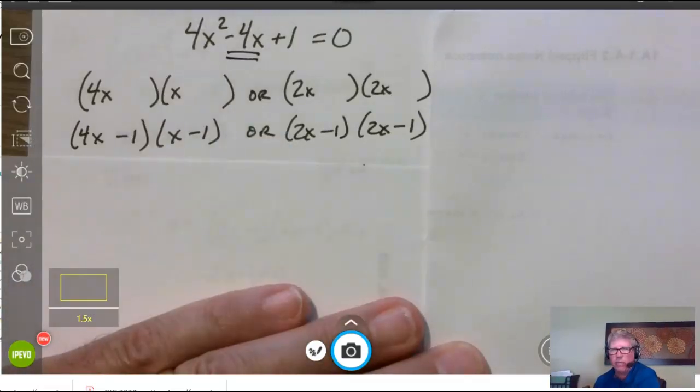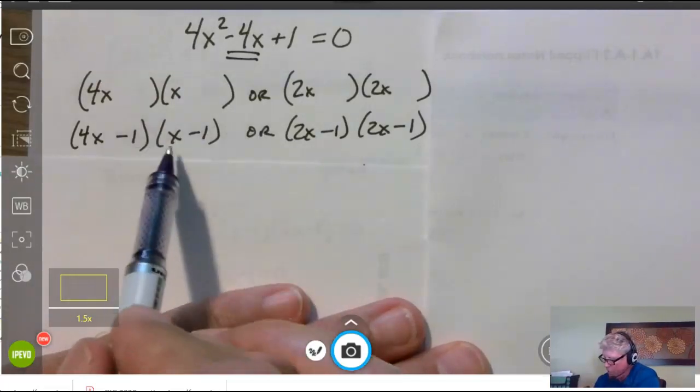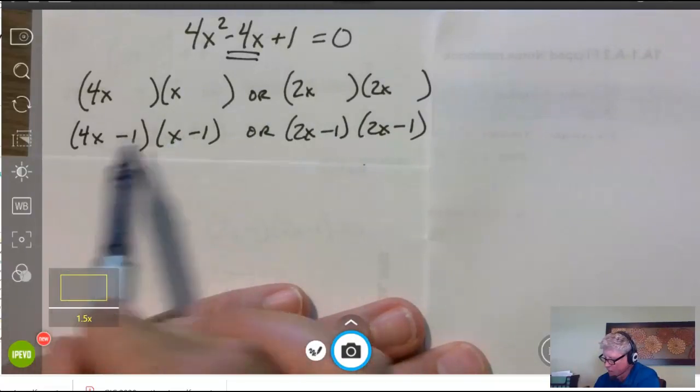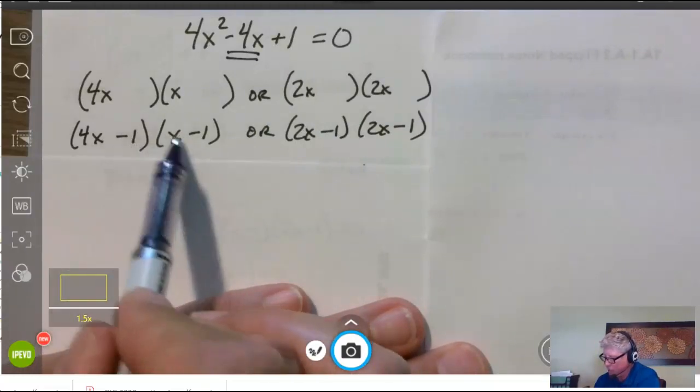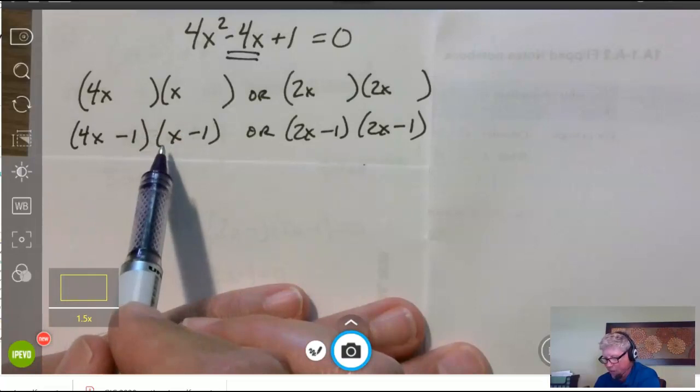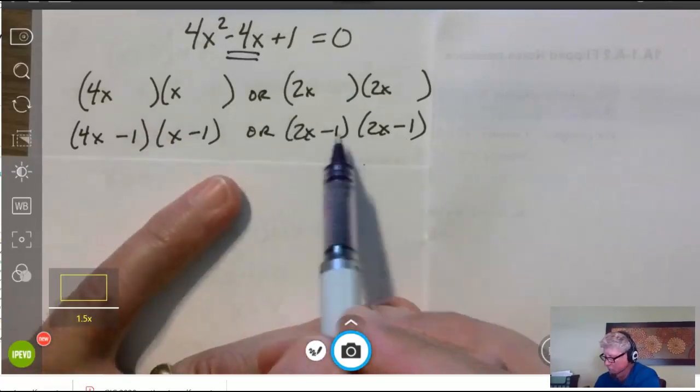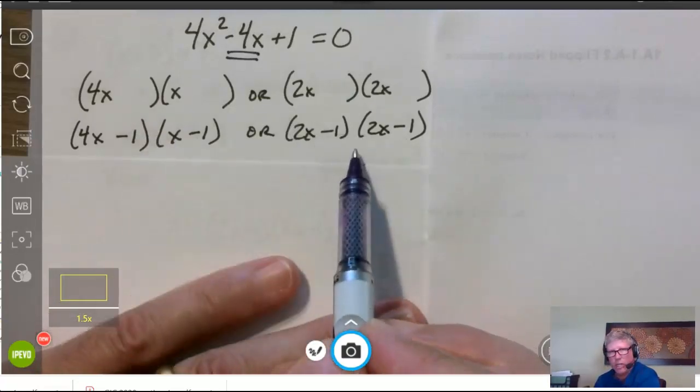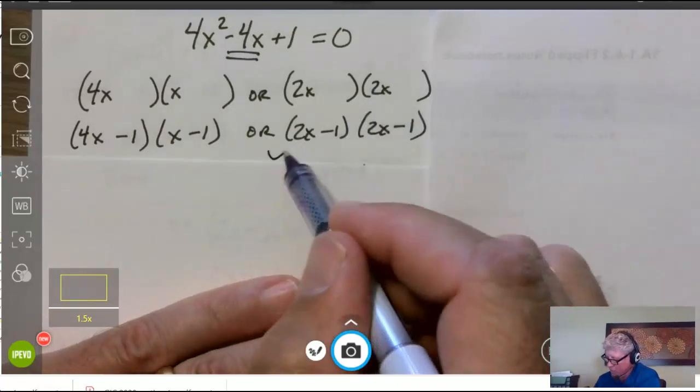That's where you have to kind of know, you have to multiply these things out over and over again until you see it. So bottom line is, here I would get a negative 4x and a negative x. So this is kind of a negative 5x. And here I'd get a negative 2x and a negative 2x. So I get a negative 4x. So I'm going to say that this is the winner.